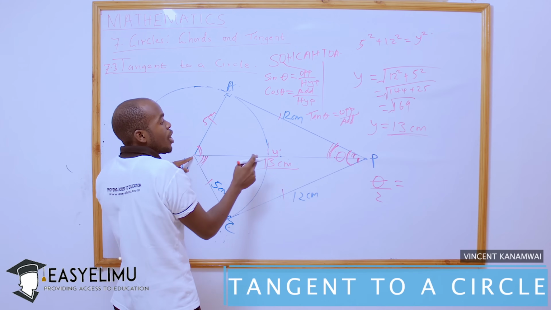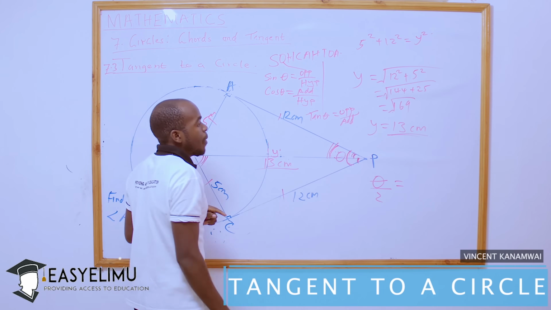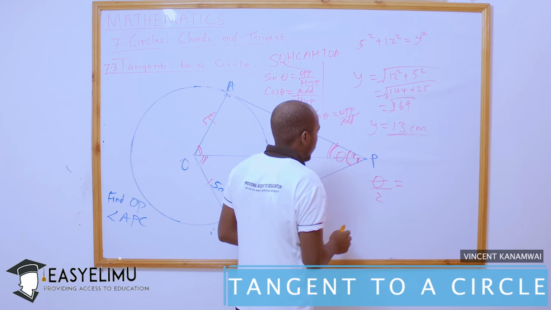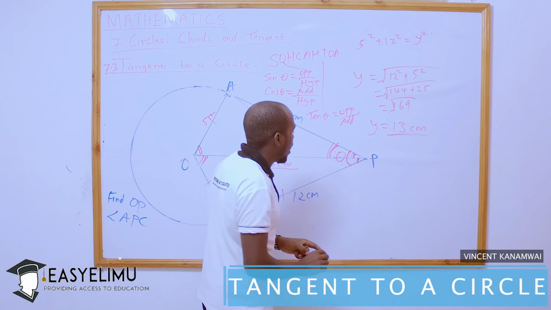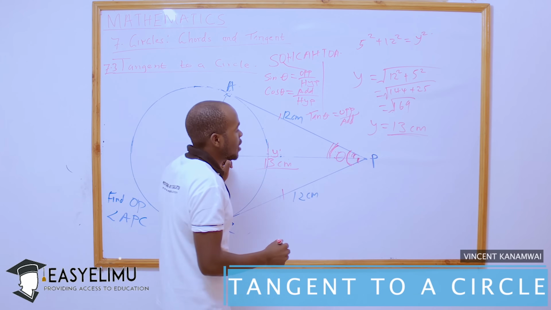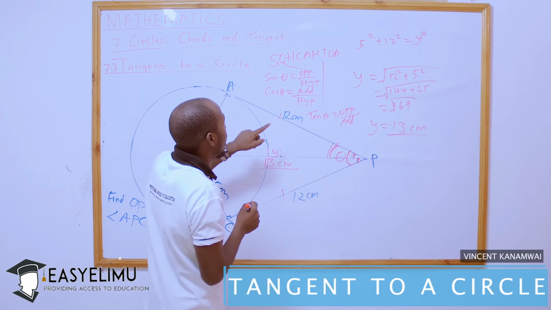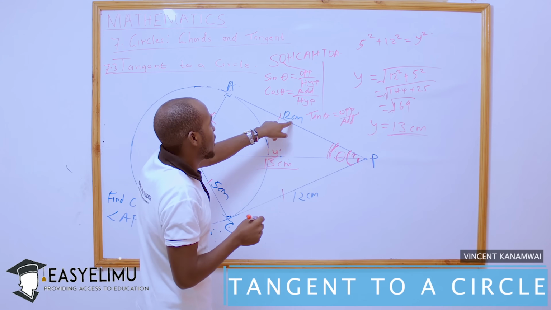In that case, for our instance, we have theta over 2. We have the opposite and adjacent, so let's use the tangent.